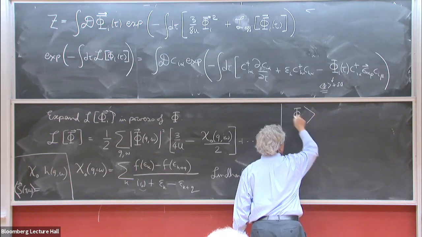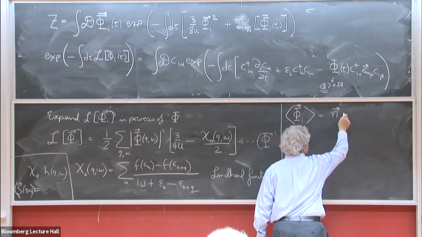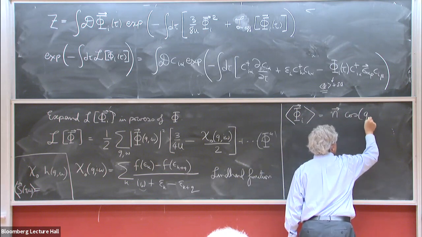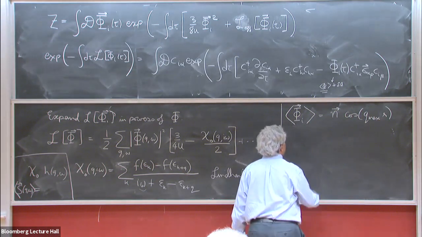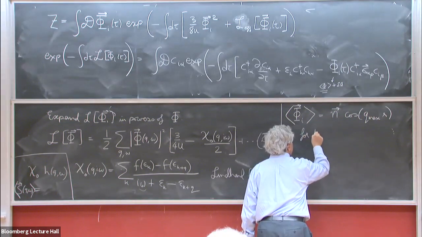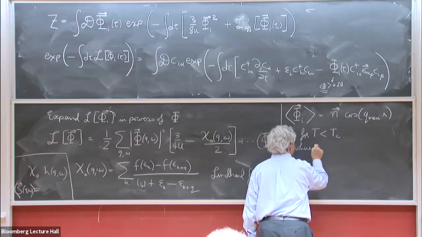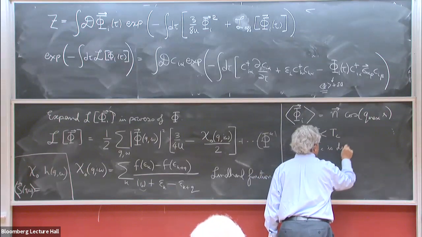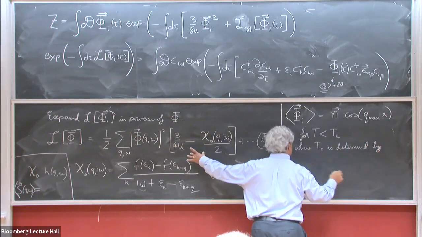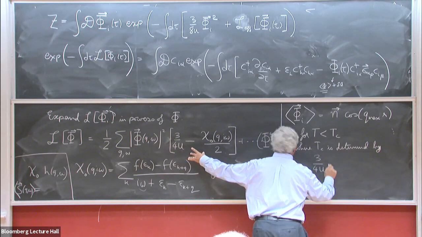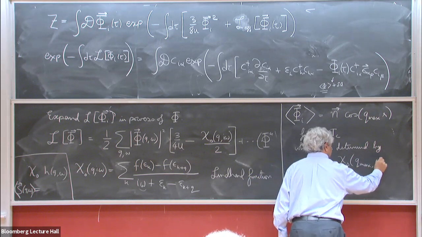The expectation value of phi_i will be some vector, let me call it n, times cosine of Q_max times R, for T less than Tc, where Tc is determined by exactly the point where this goes to 0: 3u/4 equals chi_0 of Q_max at 0 frequency over 2.